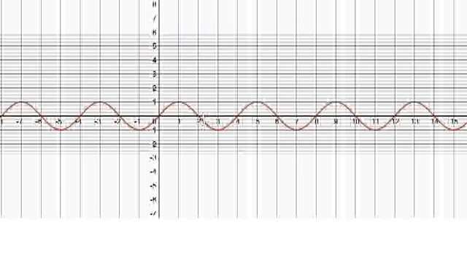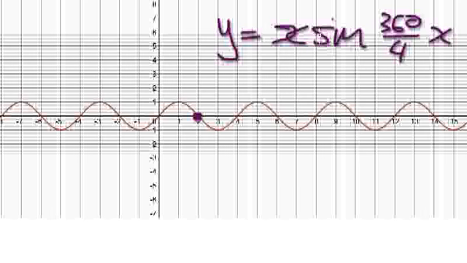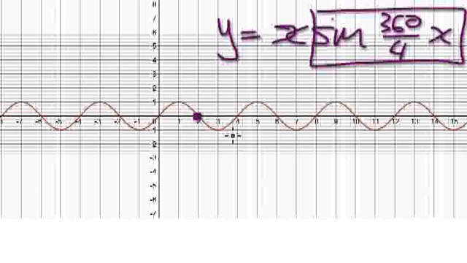Now if you look at 2 here, to create the effect we in effect have to do this: y equals x sine 360 over 4x. Now this bit here is our red line. Just look at the 5 here now.